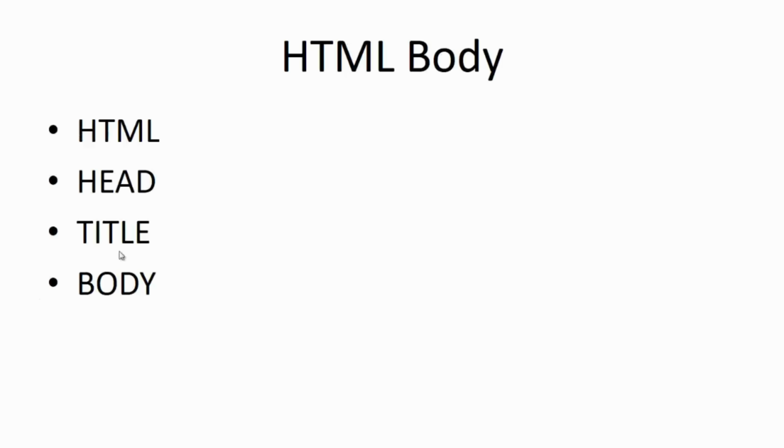This is kind of saying, okay, this is an HTML page, and the next thing you'll see is the head. If you think about a human body, you have the head, and right below that you could have a name tag, like the title or something. And then right below that you have a body, and of course you have your feet and everything like that. So that's probably the easiest way to think about it.